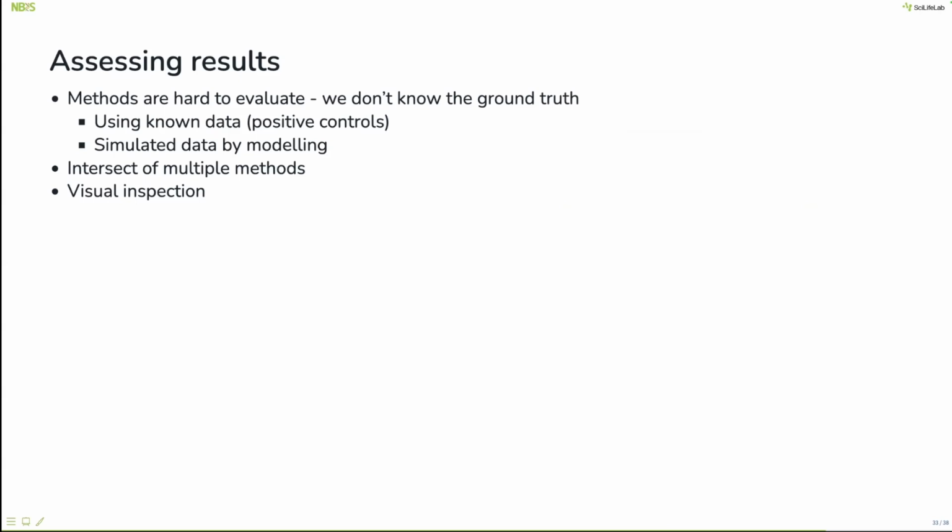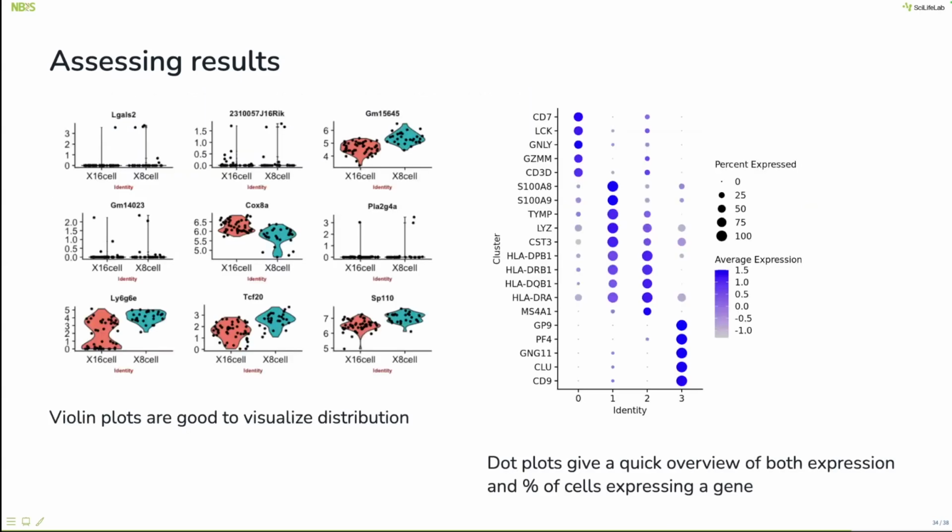One way to assess the results is, like has been mentioned before, if you try multiple methods, then the intersect between them might be more reliable. Also, if you look at what is different, can you see why they are different, and does that make sense with the test? And then especially always checking your data, going back, for each gene, to your distributions and checking, does this make sense?